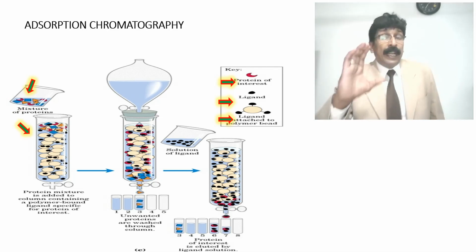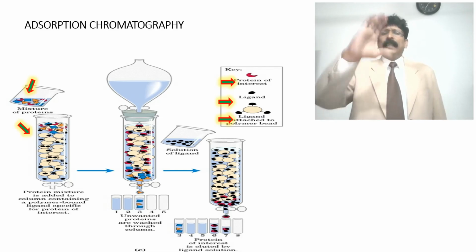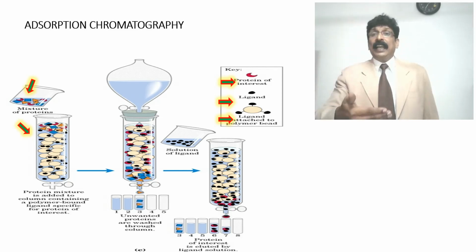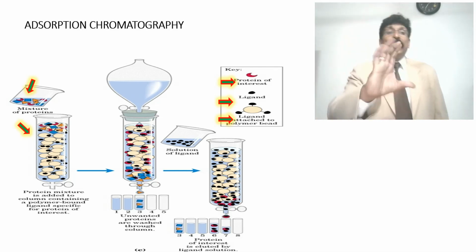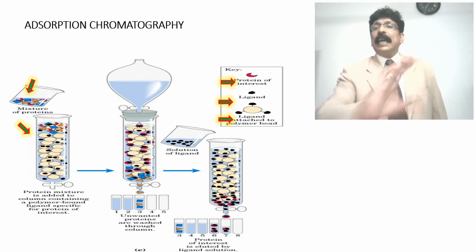Now again remember, stationary phase means that which is stationary in the glass tube shown in the picture. If it is thin layer chromatography, a thin layer is the stationary phase. If it is paper chromatography, paper is the stationary phase. Okay? So here the tube contains a stationary phase where the ligand is there.